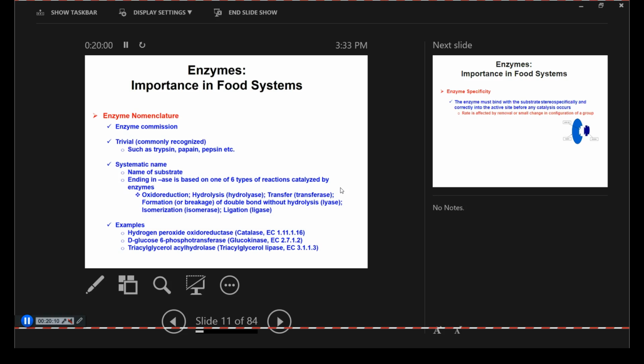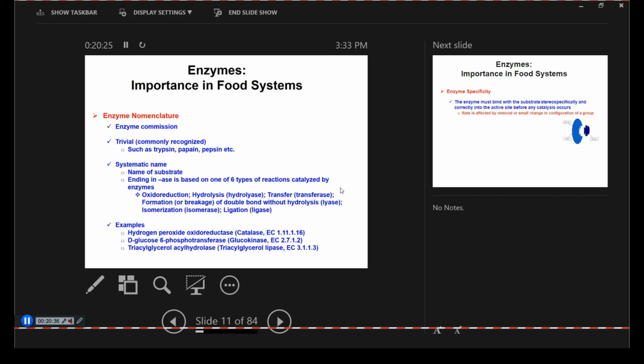Okay. So you need the water components in order to form the product. The water components take part in the formation of the product. Transferase is an enzyme that transfers a group from one substrate to another, like D-glucose 6-phosphotransferase.